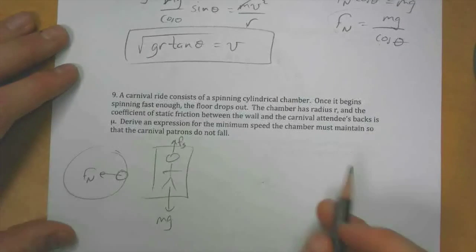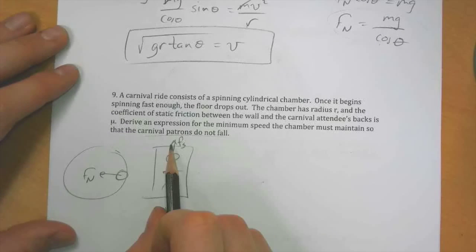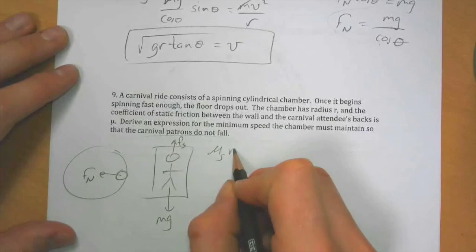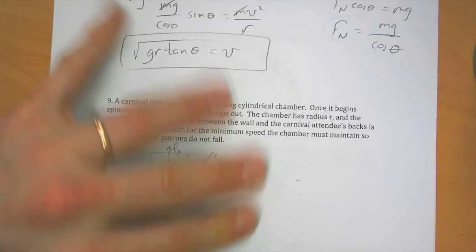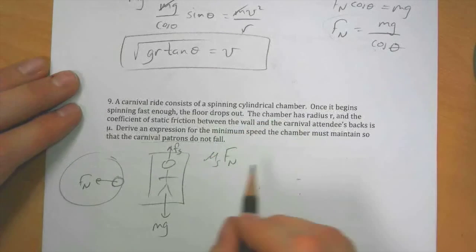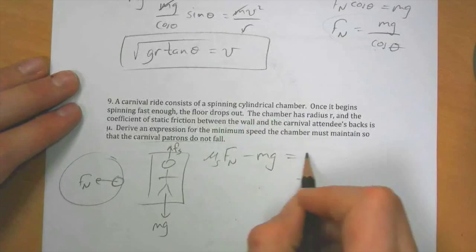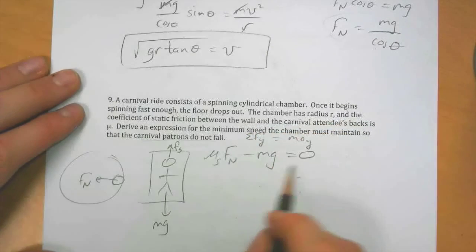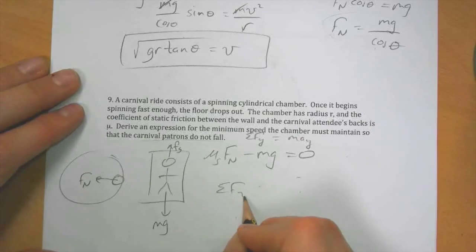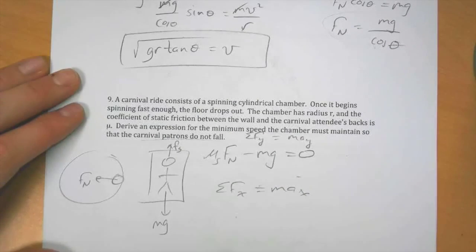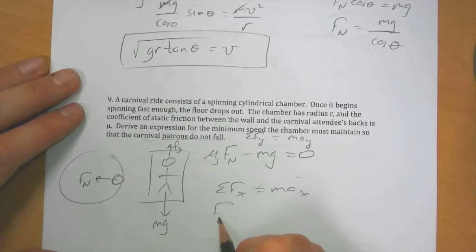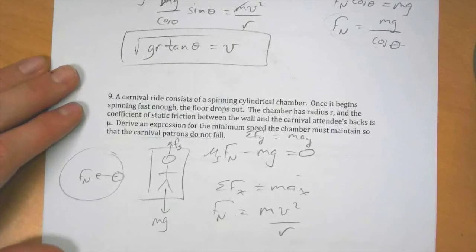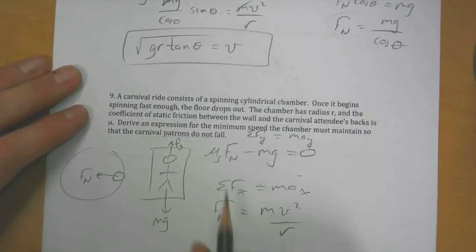Okay, so in order for people not to fall, what do we have to have? Well, the maximum static friction, mu(s) times normal force, has to be enough to hold you up. So you have to not accelerate in the vertical direction. In the horizontal direction, you have only normal force contributing to the centripetal force, so your normal force is equal to mv squared over r. You do a quick substitution.